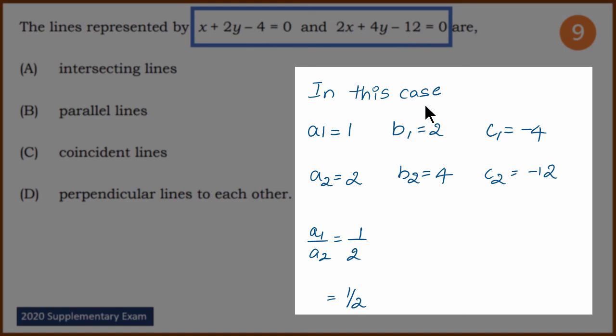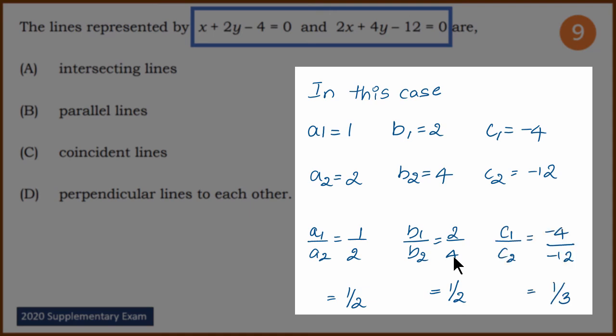So effectively, A1 by A2 will be 1 by 2, which is half. B1 by B2 will be 2 divided by 4, which is again half. C1 by C2 is minus 4 divided by minus 12. Minus minus gets cancelled. 4 times 1, 4 times 3, so it is 1 divided by 3.